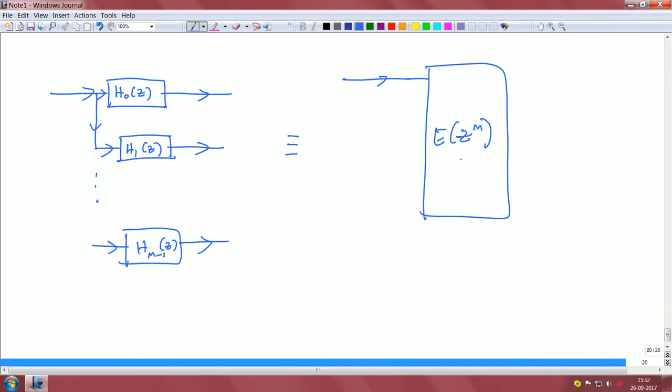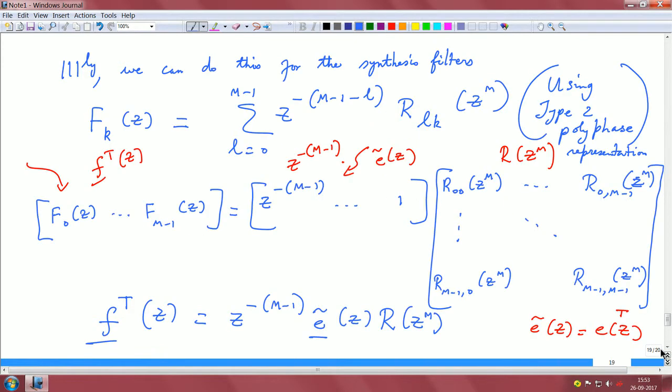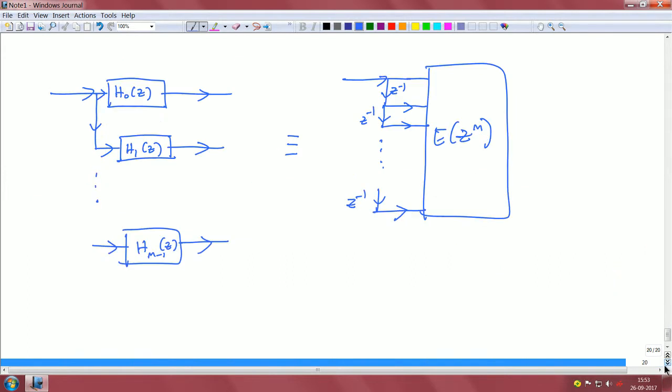So, this E of z power M is basically a matrix which has all these polyphase components, and then we provide delayed inputs to this bank of polyphase components, right. This is one and the same. So, this representation is basically the architecture schematic for this matrix equation. So, this is the analysis bank.